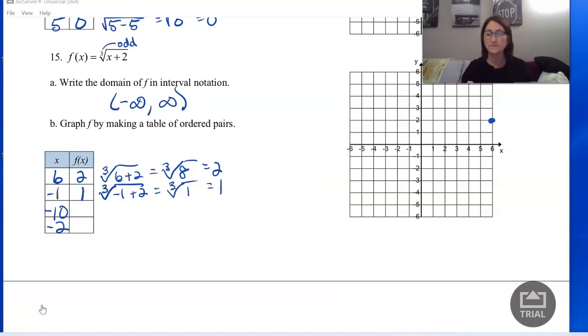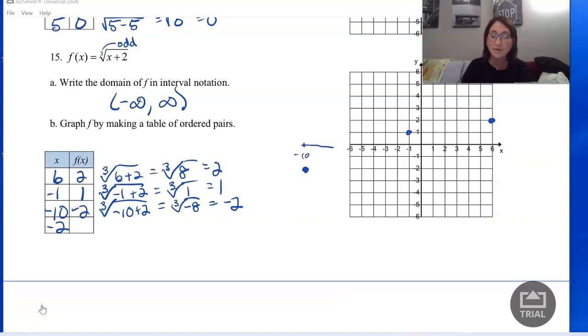So -1, 1. There we go. And now I'm going to put in -10. So the cube root of -10 plus 2, that takes us to the cube root of -8, which is -2. So -10, -2, somewhere out here.